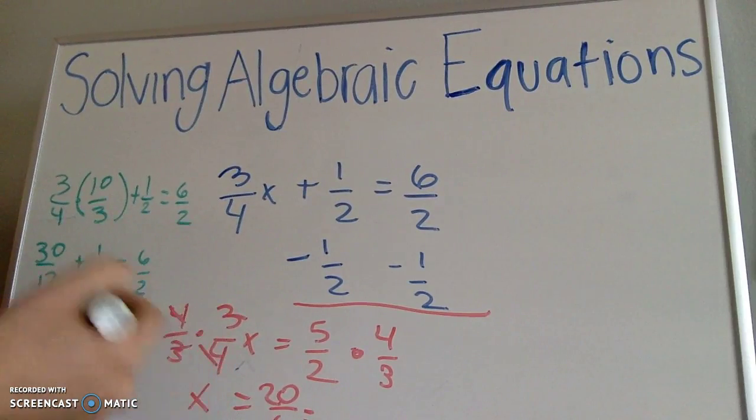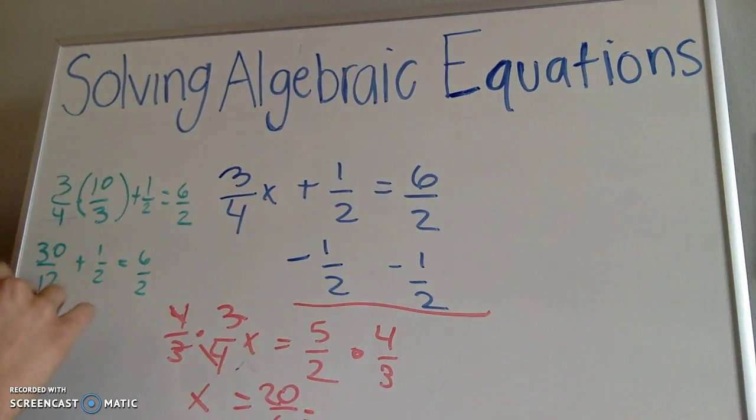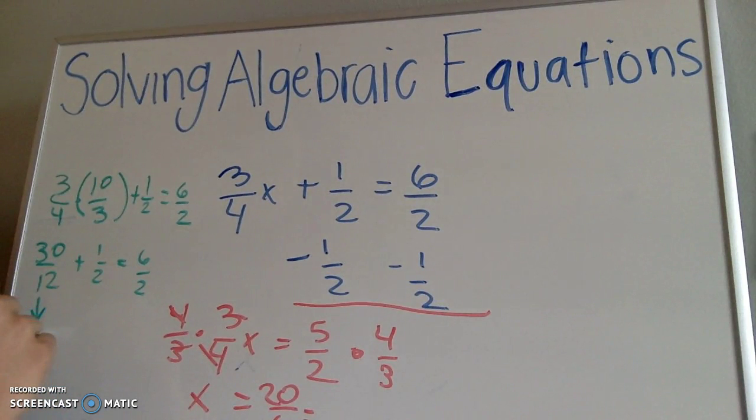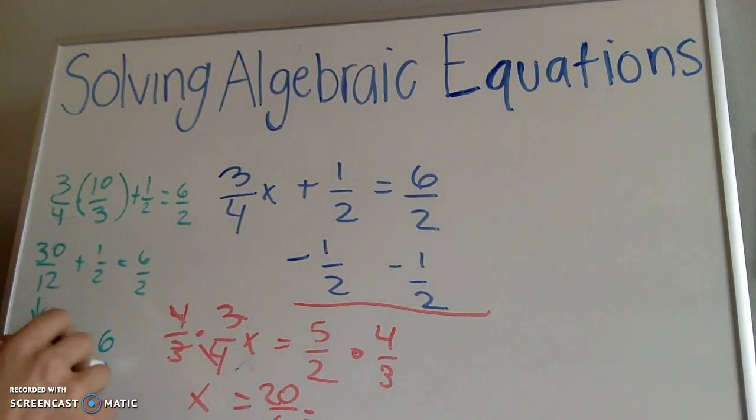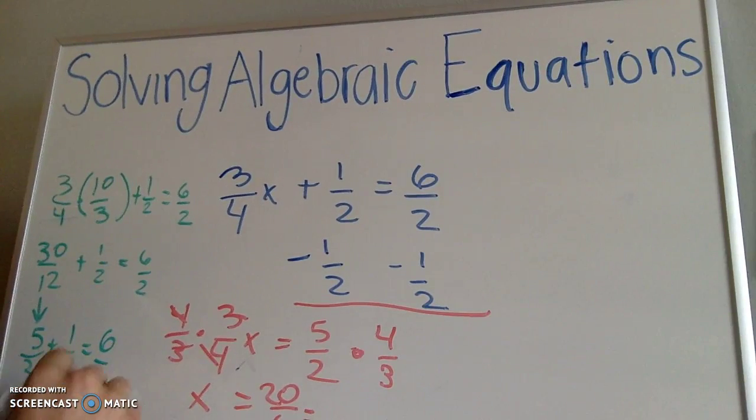We're not done yet, because this can be reduced. If you reduce both by 6, you will get 5/2 plus 1/2 equals 6/2. And again, this one is correct.